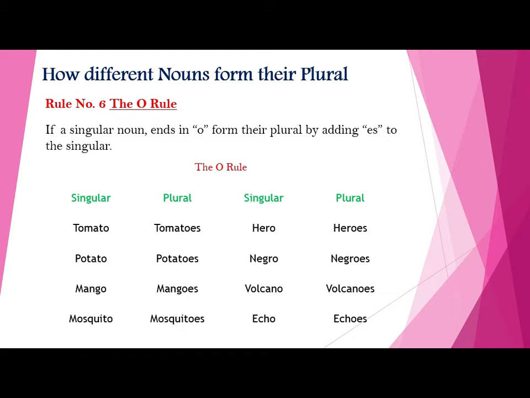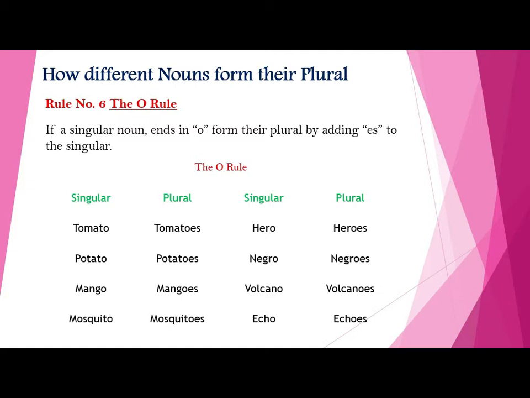So these types of singular nouns can be made plural by adding es. Therefore, it is called the O rule. In the O rule, when a noun ends with O, we add only es to make the noun plural.